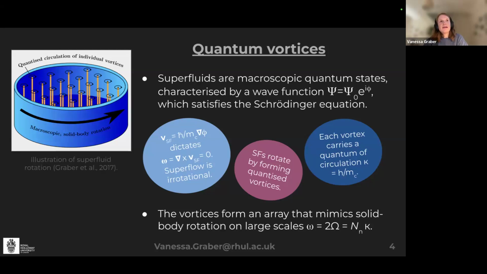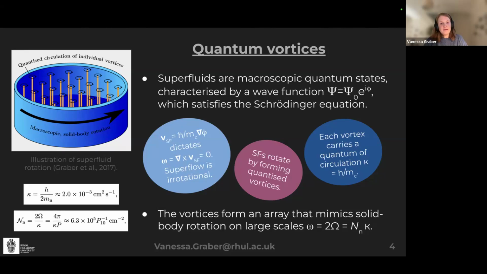These vortices form an array that on large scales, if I look at it from far away, essentially mimics solid body rotation, so that I can define a surface area density of these vortices that's determined by kappa itself. And as I just said, the mass of the Cooper pair is 2 times the mass of a neutron, so I can deduce this natural constant, and in that context, deduce this areal density of vortices for typical millisecond pulsar periods that you see here on the bottom left.